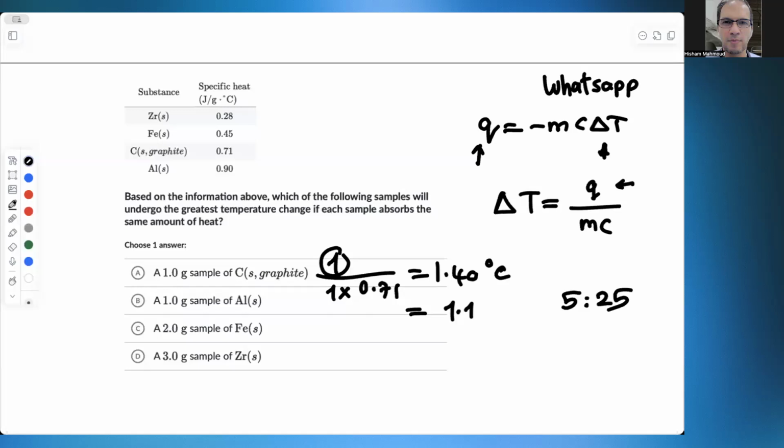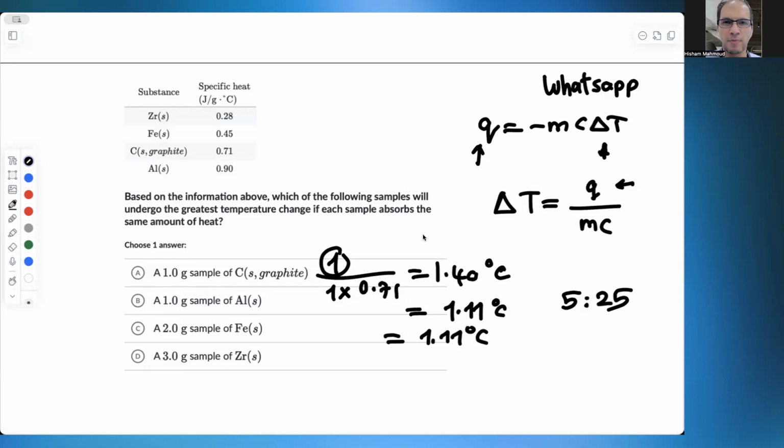So this will be 1.11 degrees Celsius. A sample of Fe, that's iron, 2 grams this time. 1 over 2 multiplied by iron, 1 over 0.9, the same value, 1.11 degree Celsius.